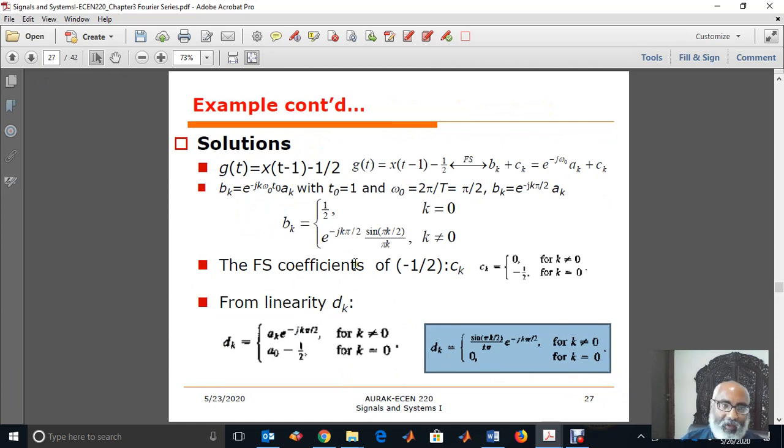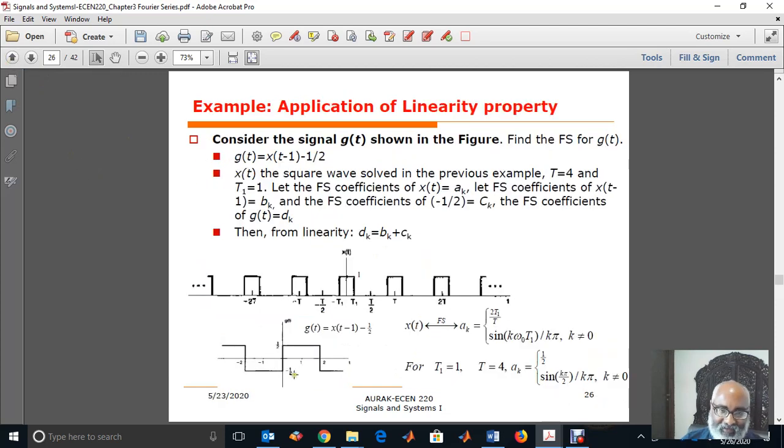So basically what we did, we found the Fourier series representation of another signal using linearity and time shift properties, which is an example of the application of properties.